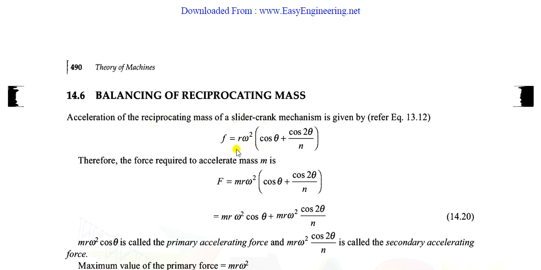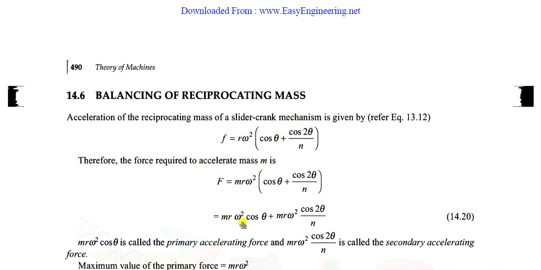So if it is the acceleration, what will be the force? The force required to accelerate mass m is F equal to m into a, mass into acceleration. So mr omega square cos theta, and so on. This is your unbalanced force. If the reciprocating mass m is accelerating with this acceleration, there will be a force on it.